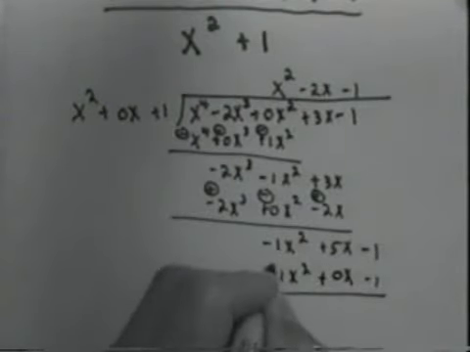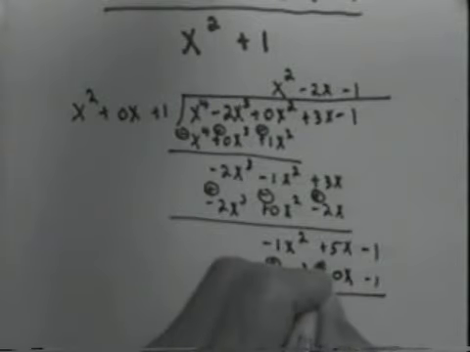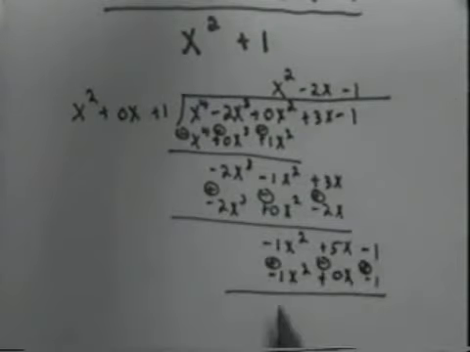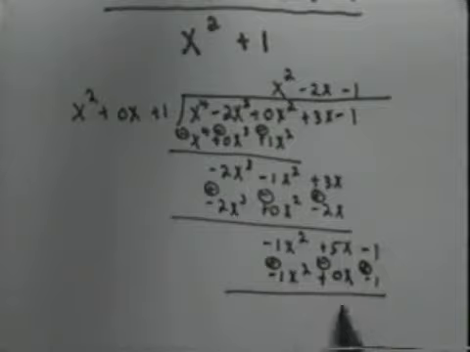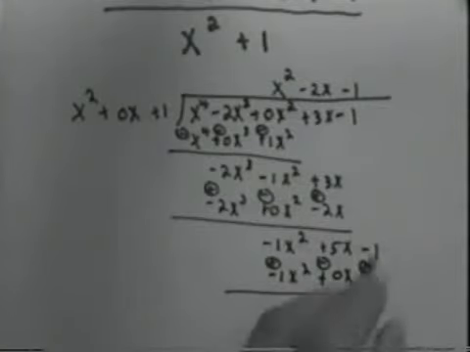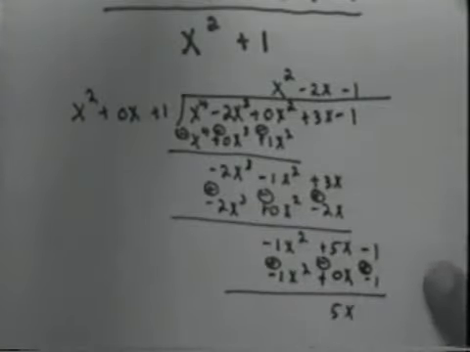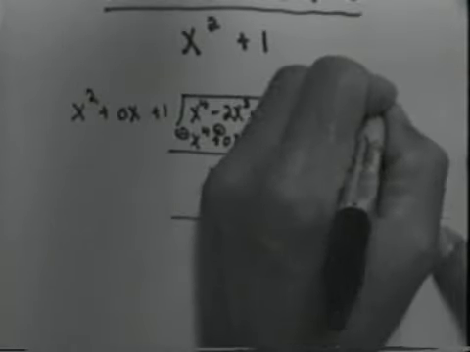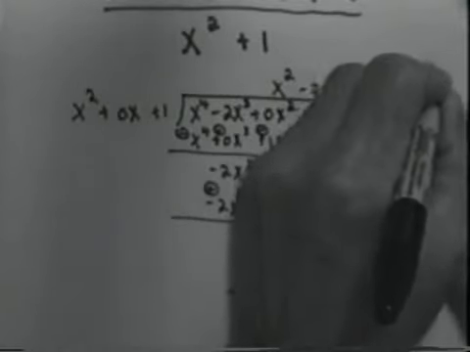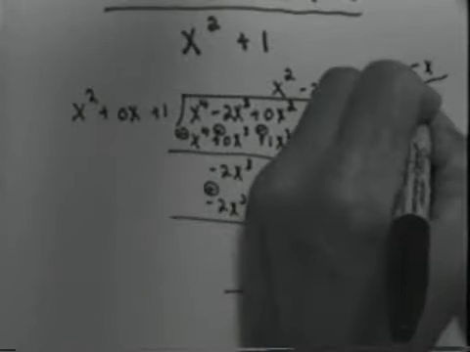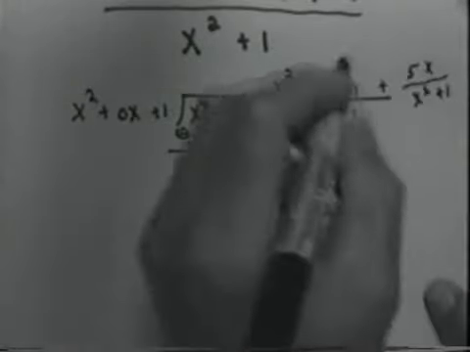Add the opposite. X squares will cancel. That leaves me with 5x, and the 1's add out. So it's going to be x squared minus 2x minus 1 plus the remainder, which is 5x over x squared plus 1. That's how I write it when I give the answer.